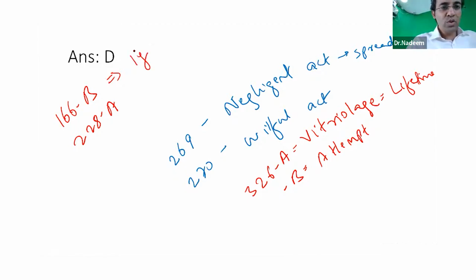If you do not treat a rape victim, 166B, 1 year in jail. Revealing the identity of a rape victim is a punishable offense, by the media or by anyone. Fine now?